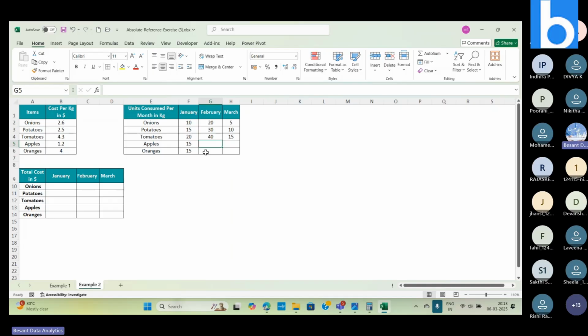Median means the middlemost value. There are just three values available. Here, average is 15 and median is also 15. For February, both values are 30, and for March, both values are 10. I can go ahead and replace these with 30 and 10.